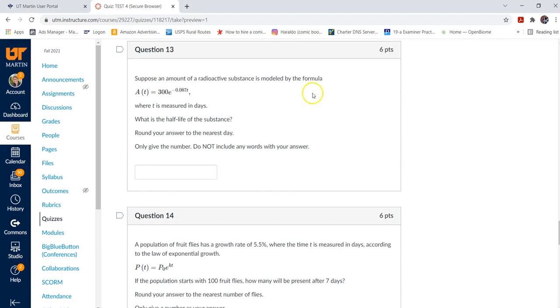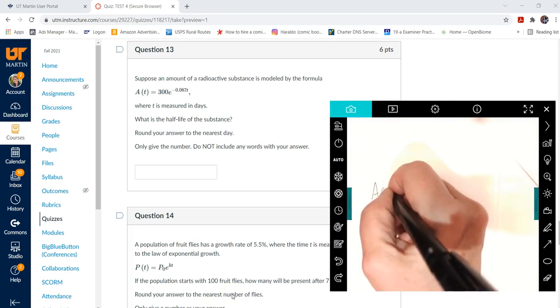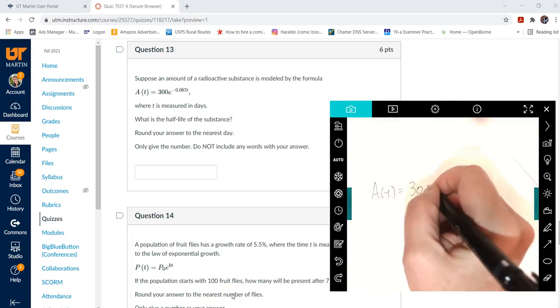Okay, now we have a radioactive substance modeled by that formula. And what is the half-life of the substance? Round your answer to the nearest day. Only give the number, so if it's 12 days, don't type in 12 days. Okay, so this is my formula.